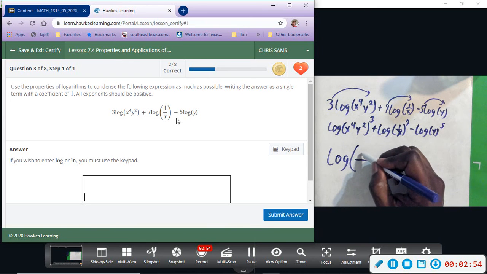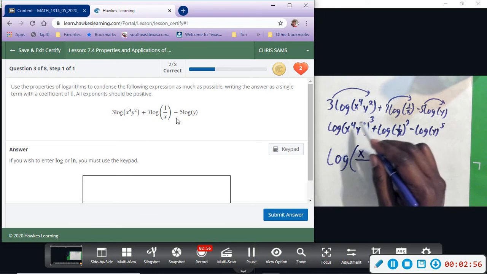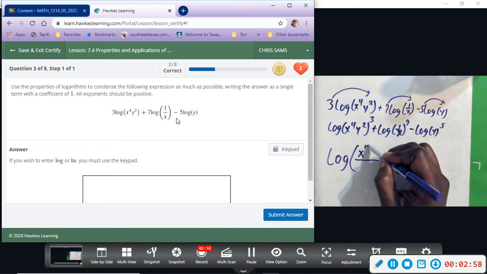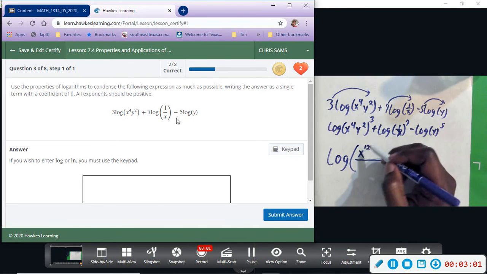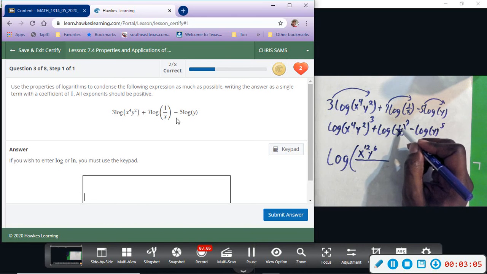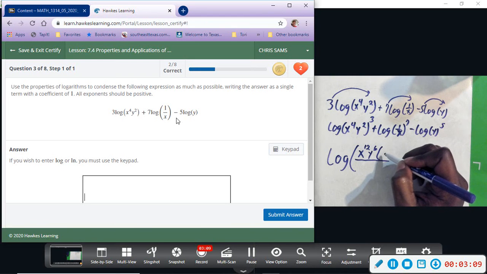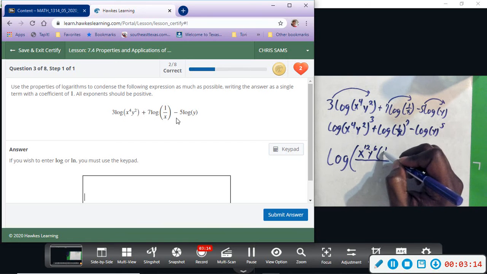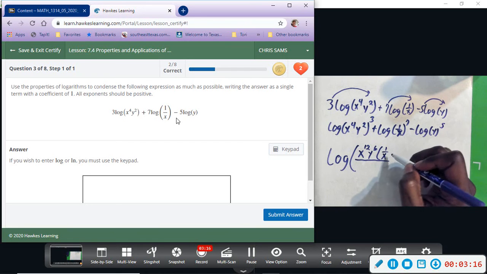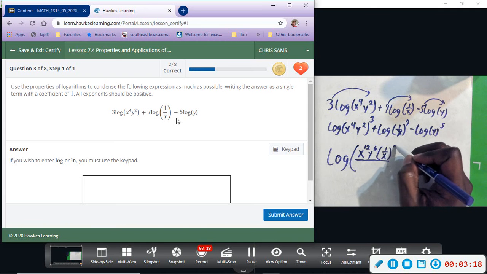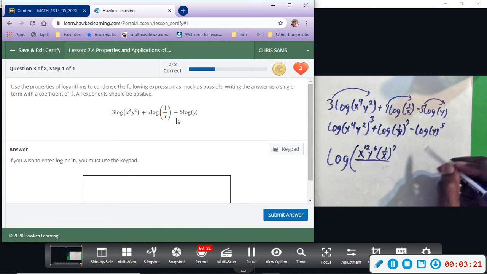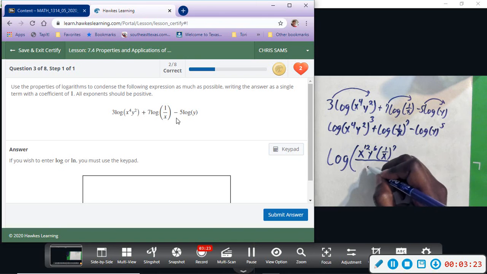So I will have x, 3 times 4 is 12, y, 2 times 3 is 6, so y to the 6th, and this will be times 1 over x to the 7th, and then on the bottom we will have a y to the 5th.